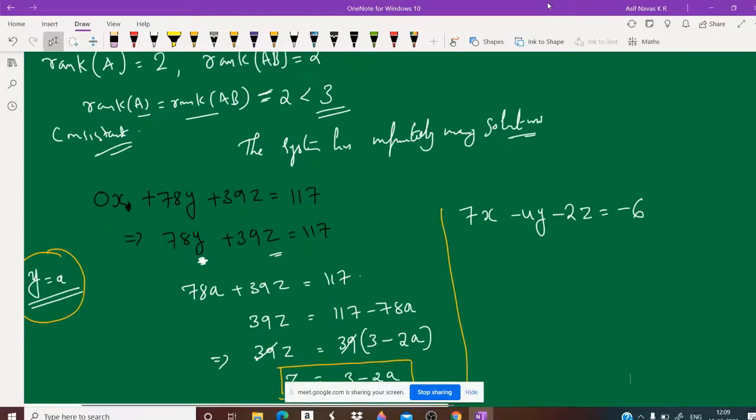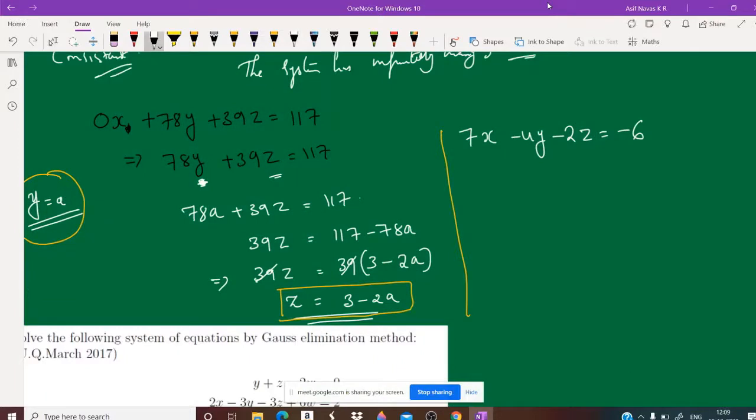So 7x, what is y? a. So this is minus 4a. And what is z? 2 into z, 3 minus 2a.